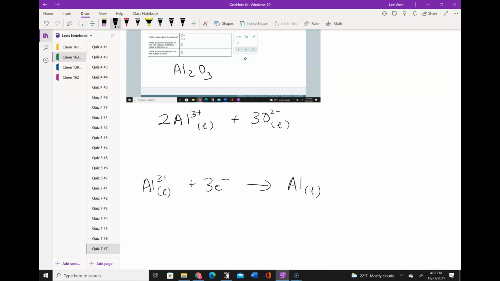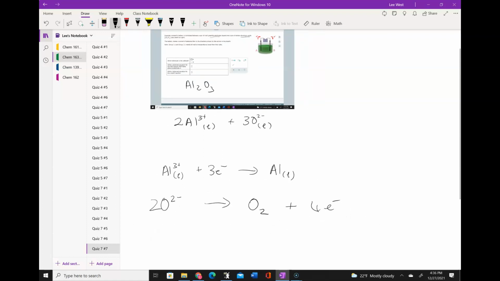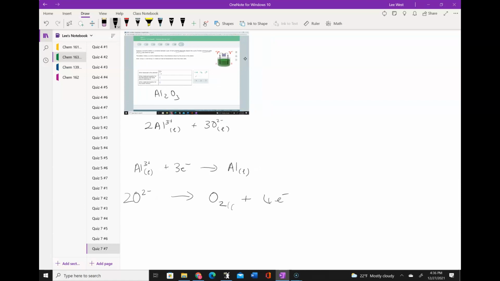So I know that the aluminum metal would be liquid. And then the oxide ions, what's going to happen to those is they're going to be oxidized, losing 4 electrons in that case, all right? And now the oxygen even at room temperature is a gas, so under these conditions, where we're at the temperature that we can melt aluminum oxide, the oxygen is definitely going to be a gas, all right?